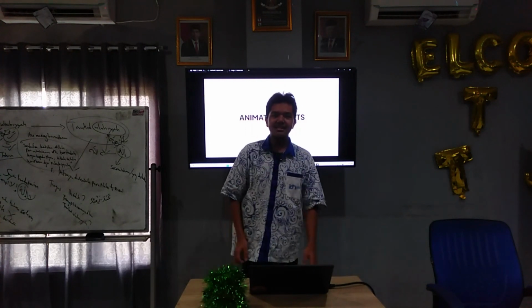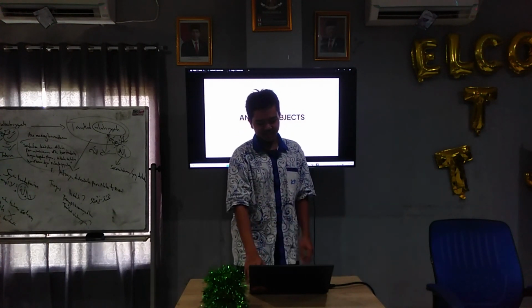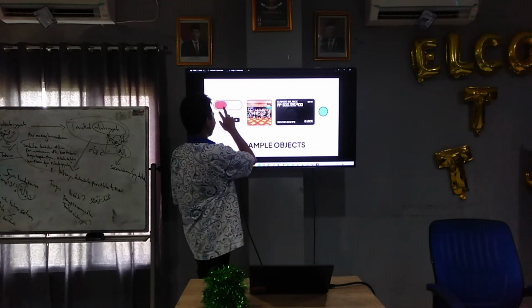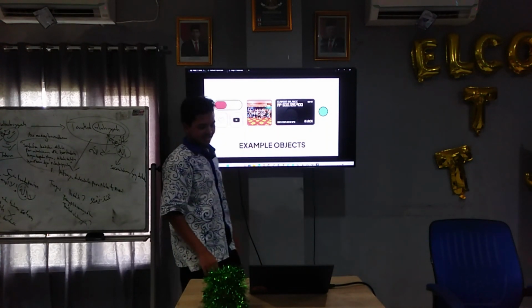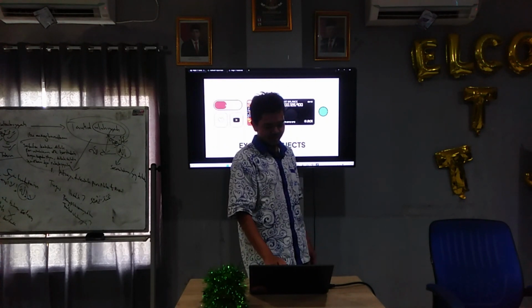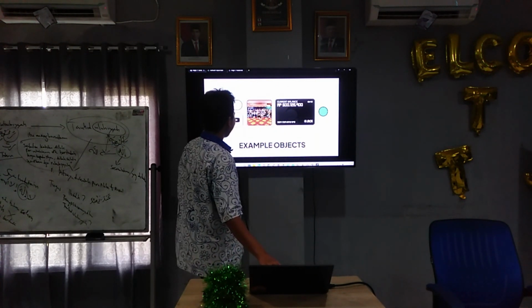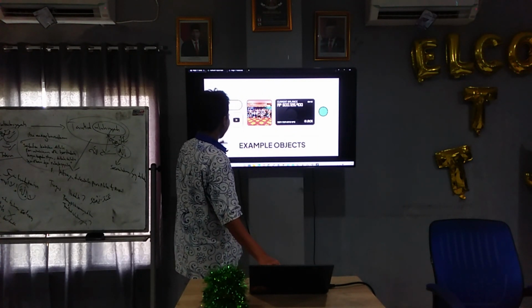Now the third example is animating objects with a prototype. I have prepared six objects here. The first is a switch. If you click the switch, it turns on like this, and it can be switched on and turned off. The second is a love button, like this.